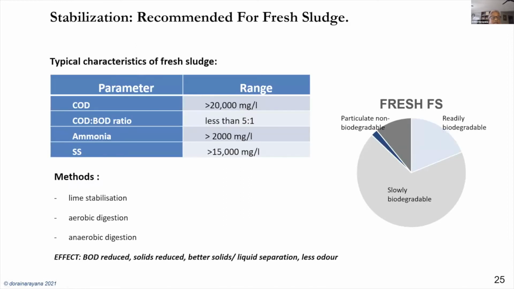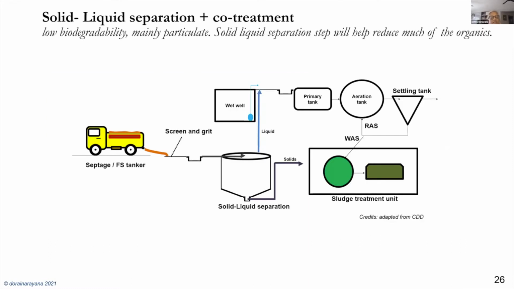And here are typical characteristics of fresh sludge, COD, BOD ratios, and some methods by which you can do the stabilization. The effect of the stabilization is that your BOD gets reduced, the solids get reduced, and the solid-liquid separation becomes much better, okay?